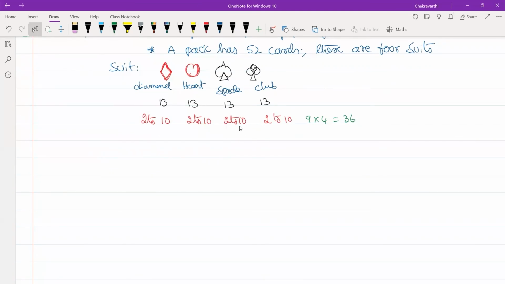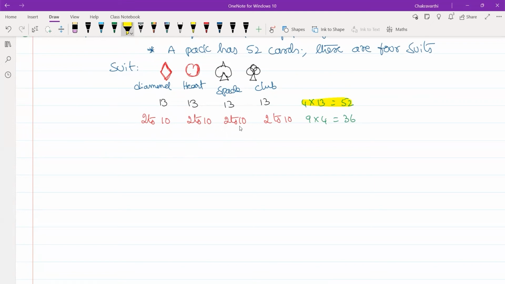What is the chance that a card drawn from the pack is a numeric? 36 by the total cards, 4 into 13, that is 52, is the total. You remember this point. Simple probability, 36 by 52.